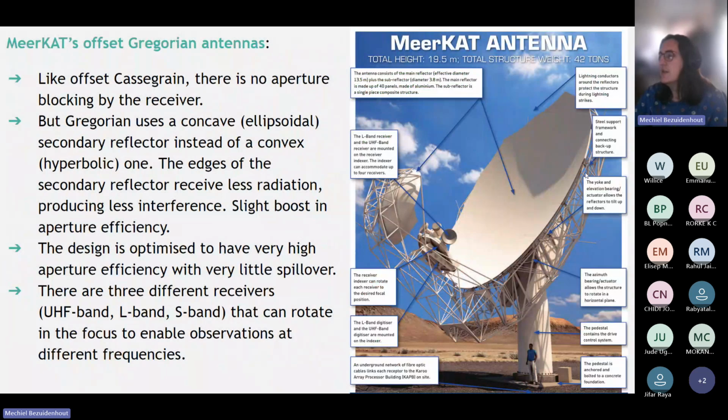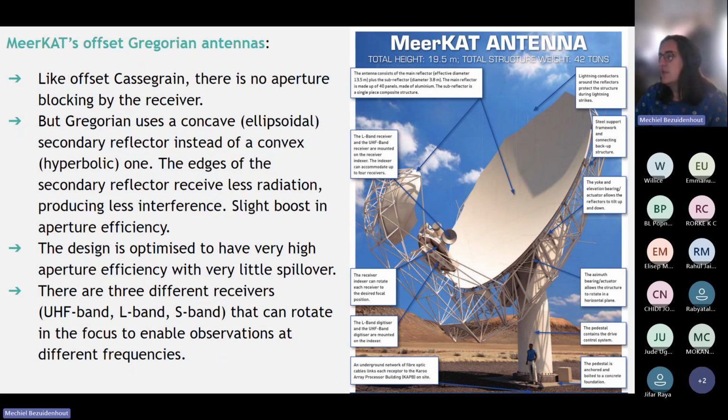So on the right, you can see what the Meerkat dish looks like. There's a primary dish, which is 13.7 meters in diameter, and that reflects the radio signals onto this secondary reflector, which is concave or ellipsoidal to be exact.